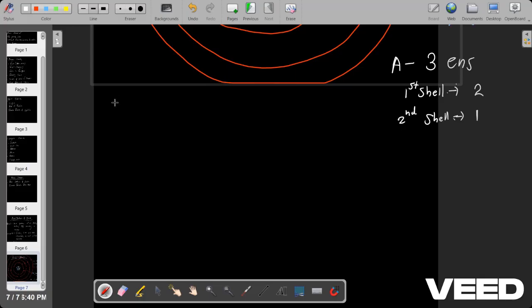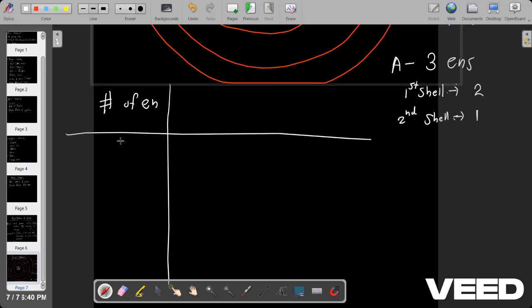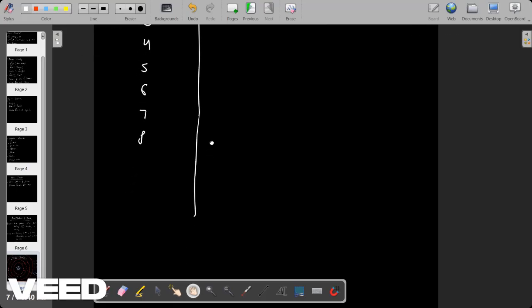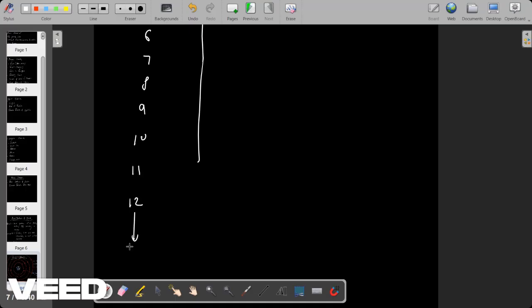Each of these elements has a number of electrons, 1 to 20. 1, 2, 3, 4, 5, 6, 7, 8, 9, 10, 11, 12, up to 20. Right? You have 20 atoms, 20 elements you are learning.